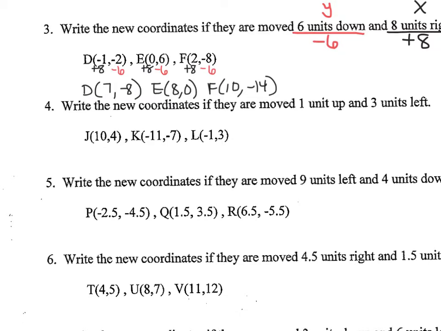Number 4, they did the same thing. They said 1 unit up, that's talking about the y, and 3 units to the left, that's the x. So if we're going up on the coordinate plane, those are the positive numbers, so +1. If we go to the left, minus. So I'm going to say minus 3 from all of these x values and +1 on all of the y's.